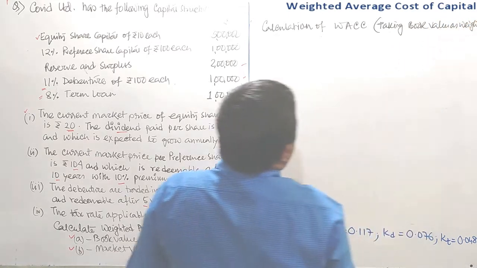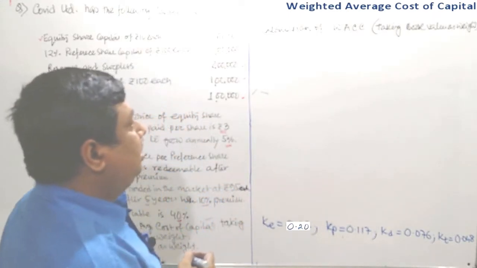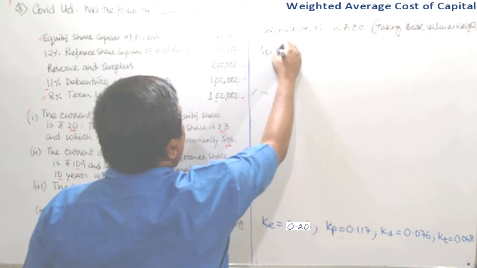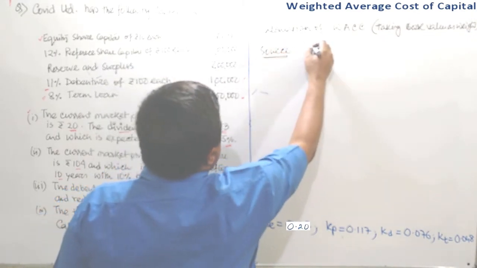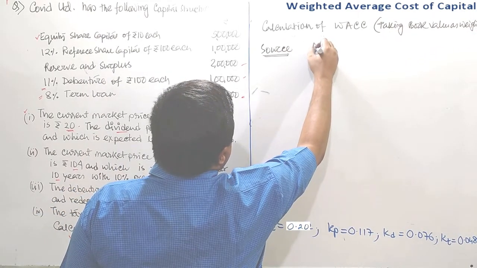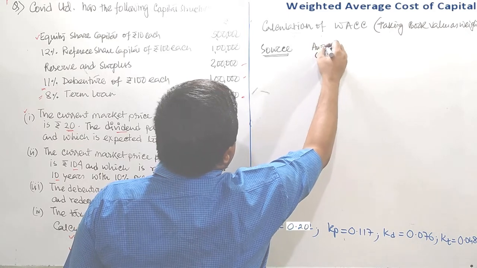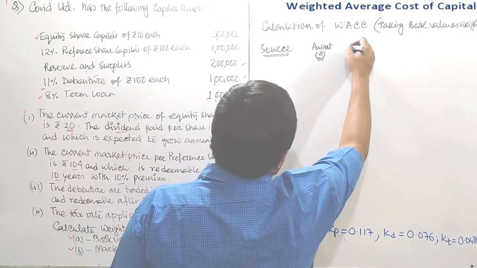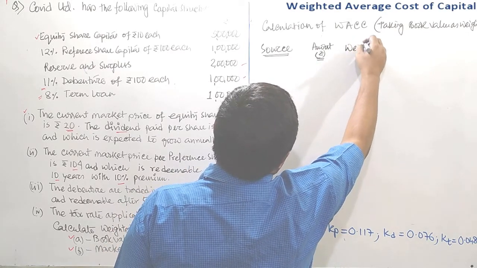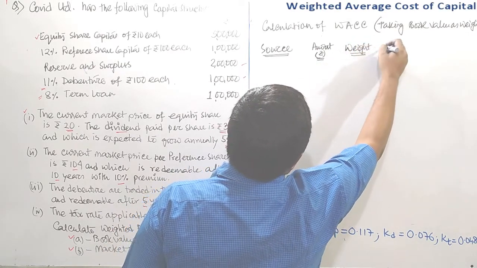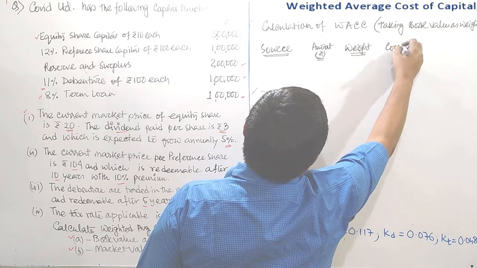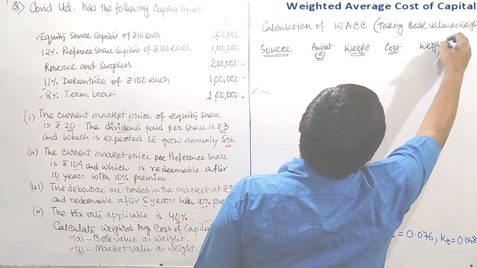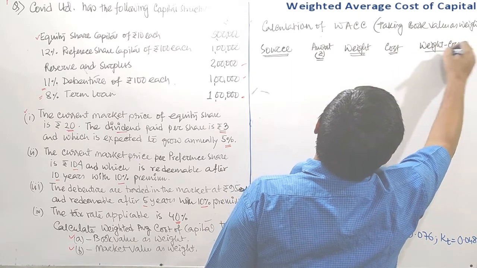Okay, we are considering book value as weight. We are going to calculate that WACC right now. First source, then amount in rupees, then weight, then cost, and finally we get weighted cost.